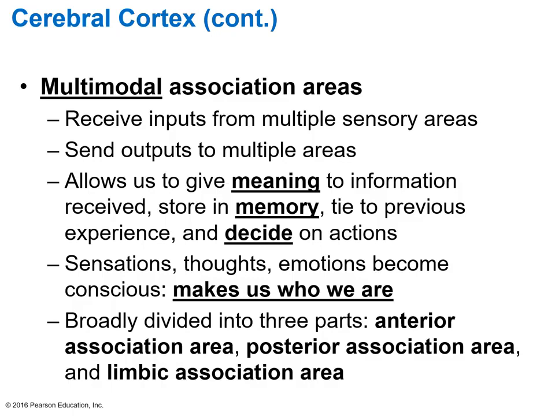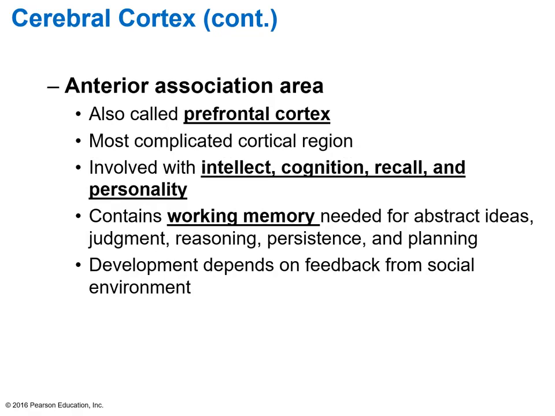It makes you aware of sensations and thoughts. It makes you aware of your emotions and your consciousness. It makes a lot of the behavior and personality of what makes you you. The anterior association area is also called the prefrontal cortex. It's the most complicated.